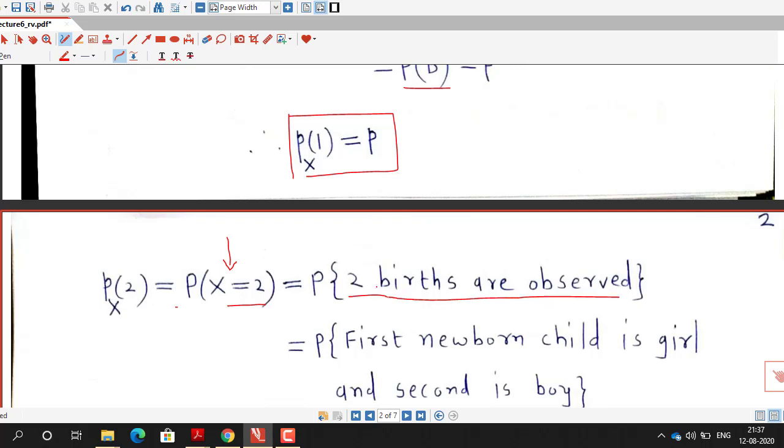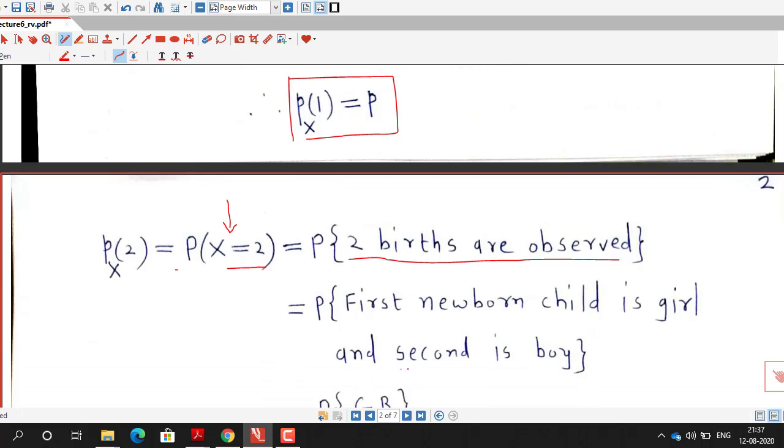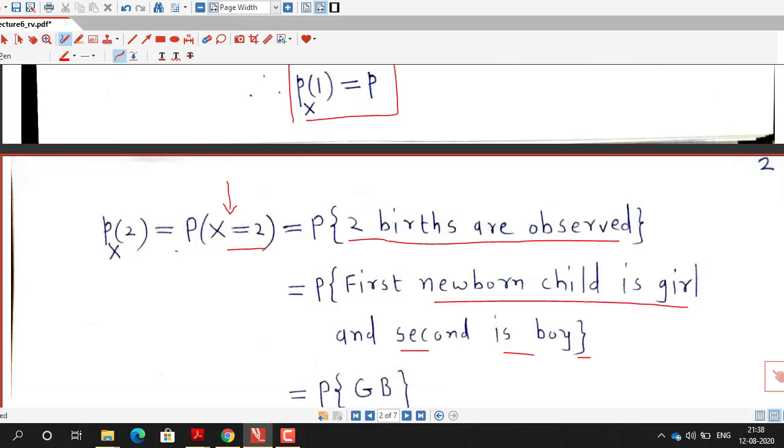So the second born child is a boy and the first newborn child is a girl. If the first newborn child is a girl, then only they will observe the second born child, and if the second born child is a boy, they will stop observing. So capital X equal to 2 represents this event.